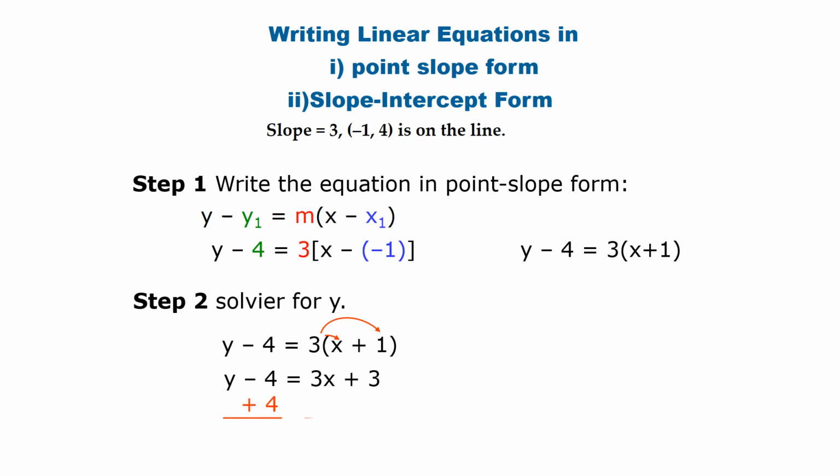Add 4 to both sides to find y alone using inverse operation. Then y equals what? y equals 3x plus 7. This example shows that we can convert point slope form to slope intercept form.